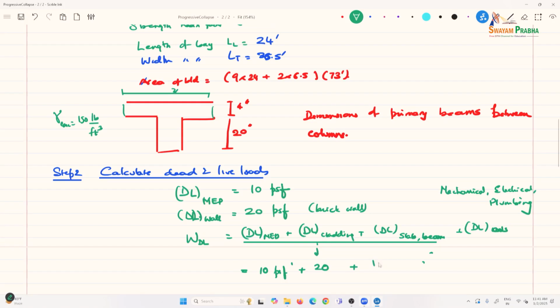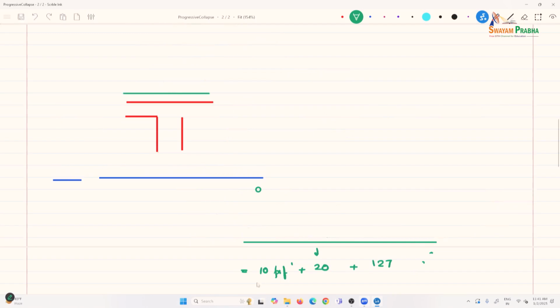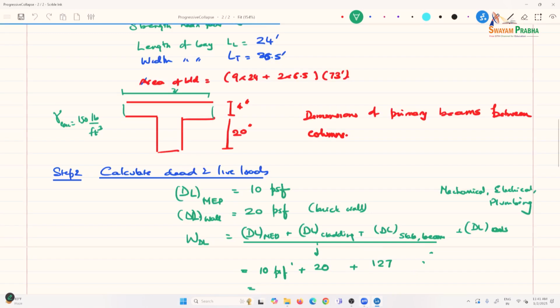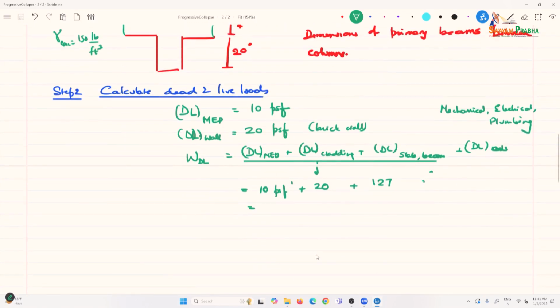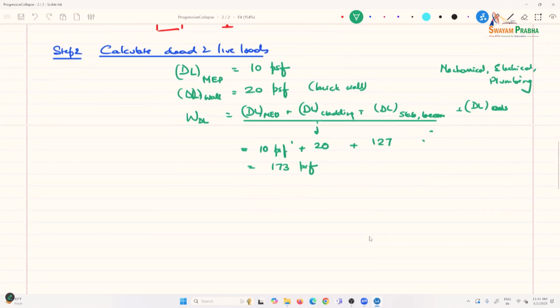So, that reduces to 127 pounds per square foot, and the total comes to 173. Let us not worry about all the details of those calculations, but basically you calculate that value. You can take the weight and distribute it over the area and get the equivalent PSF.